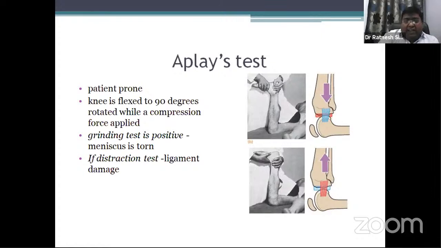It is done as a grinding test or a distraction test. In the grinding test, if pain or a click is felt, the test is positive and it is for meniscal tear. And in the distraction test, if pain is felt, this is more specific for ligament damage.